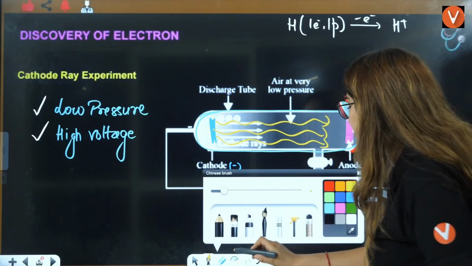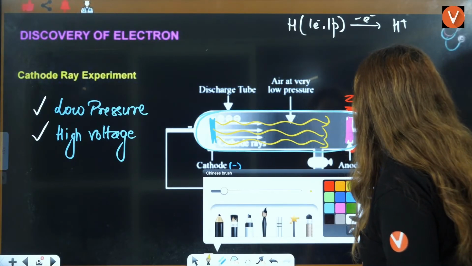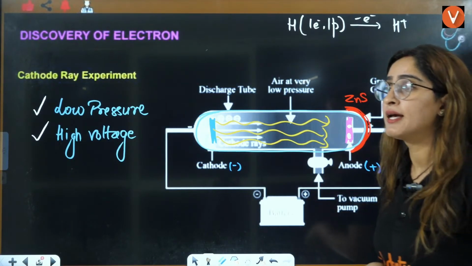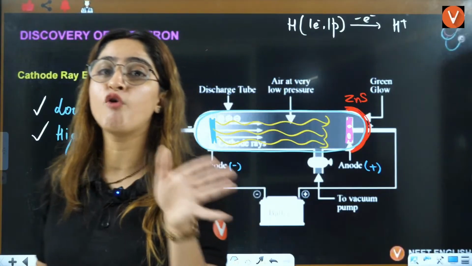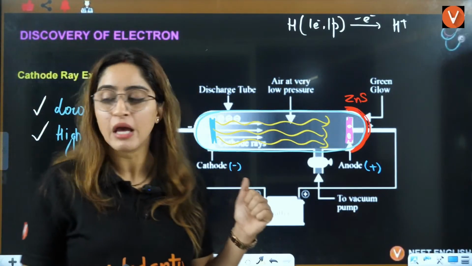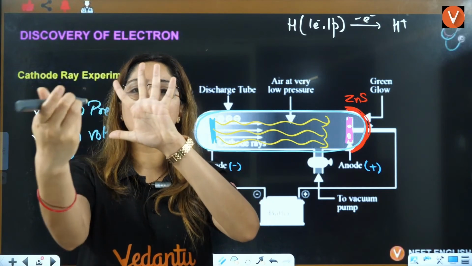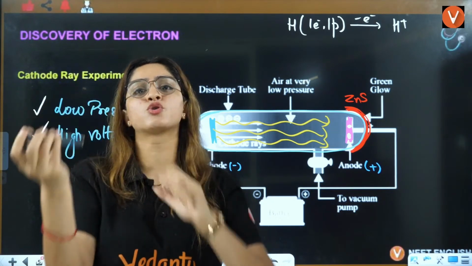So for that, he said that this is going to be perforated. That means this is going to have holes in it, just like a simple sheet with holes so that the particles can pass through it, right?